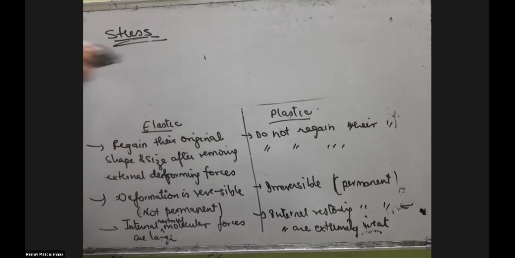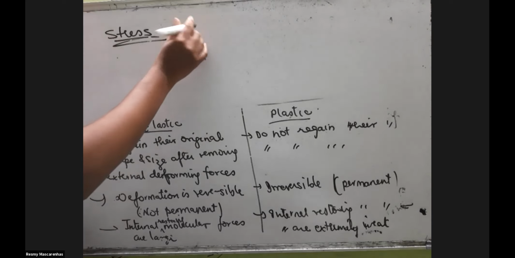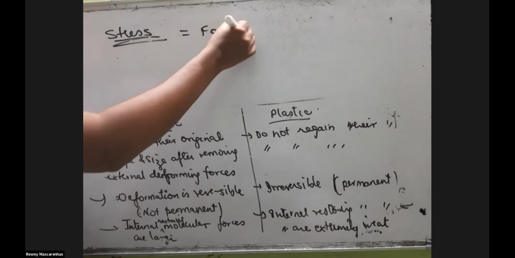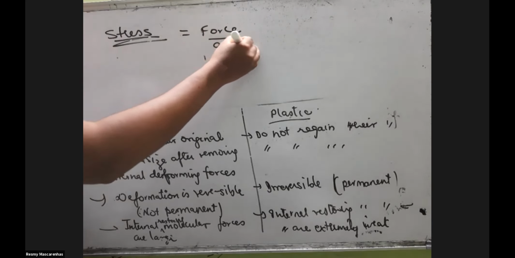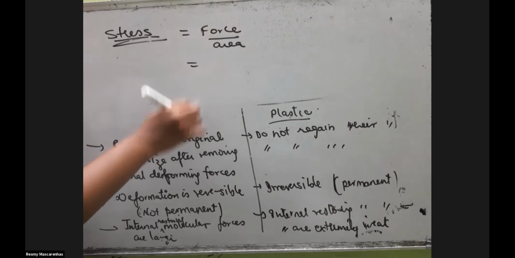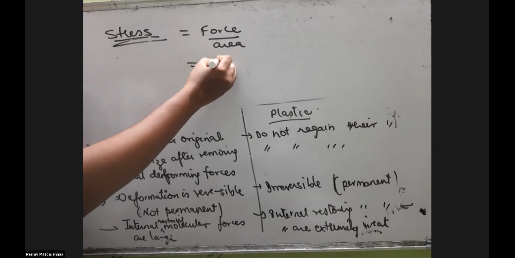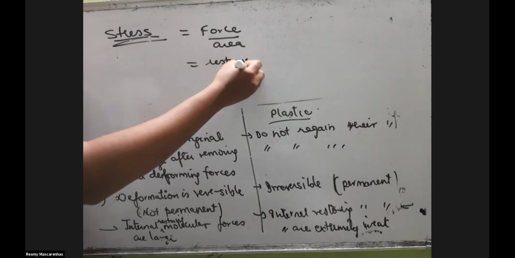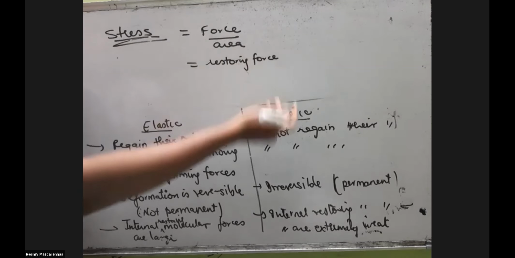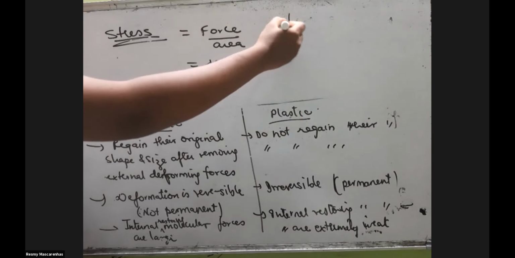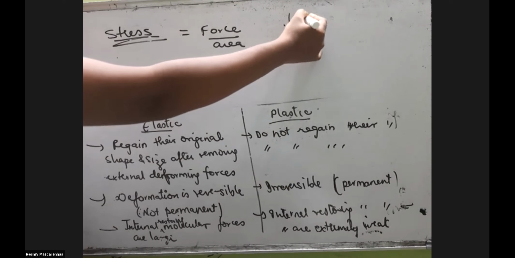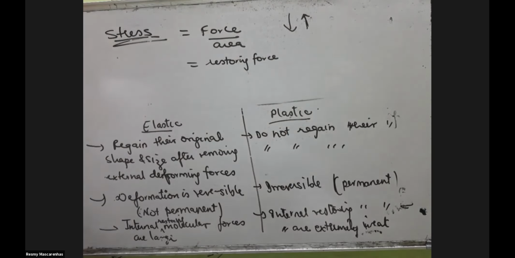Formula-wise, stress is force upon area. It works for the restoring force developed too, because however much force you put, an equal and opposite restoring force is needed to come back to its original shape.